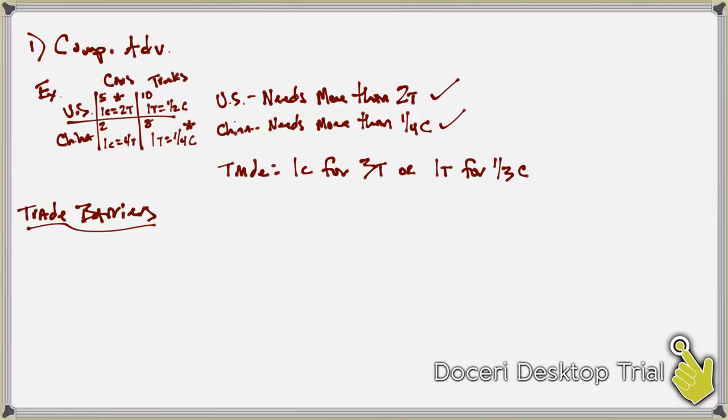So 3 examples of trade barriers would be a tariff, a quota, or an embargo. Okay? And in our world, they really all do the same thing. They all limit trade. Okay? They all limit trade.